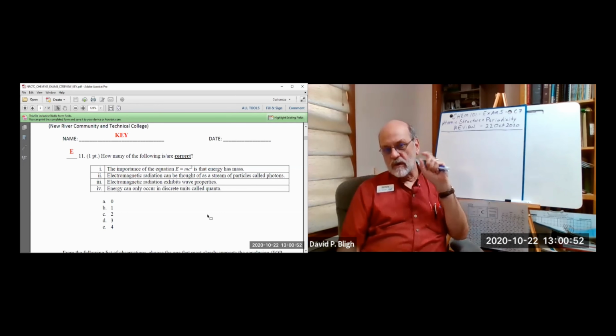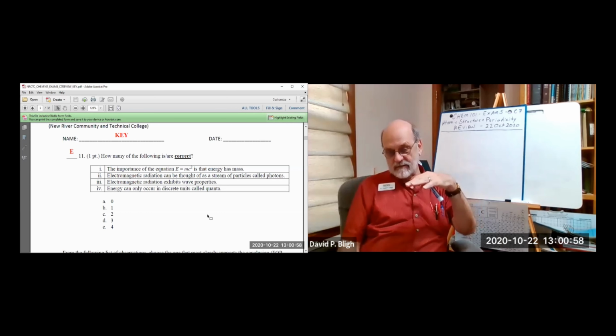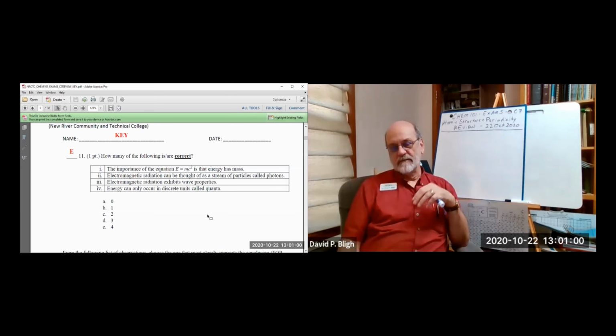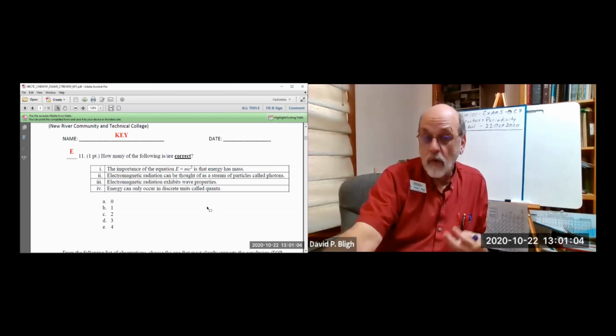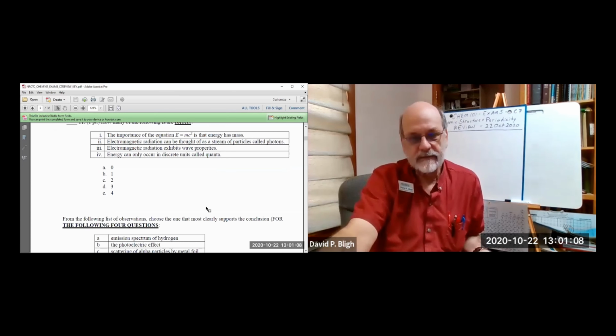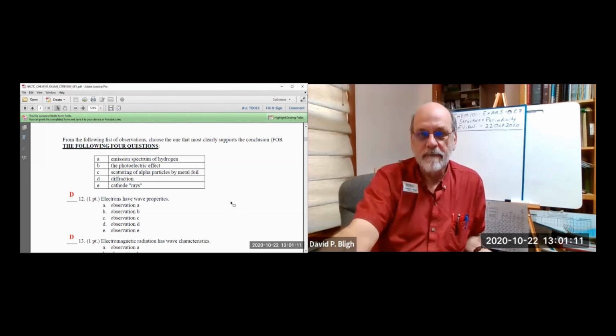Anything above or below won't work. Or if it's above or below, it has to be at the next quanta to be absorbed. Okay, so all of those are true. Let's keep going.